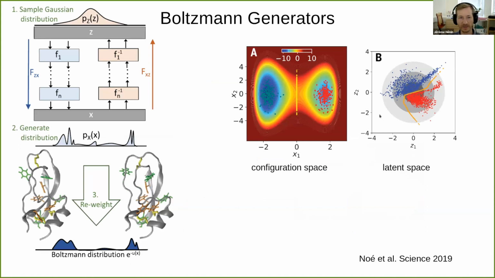The famous example that has come to light and been applied immediately to biological molecules is the Boltzmann generators, of course, which maybe started the whole show, although we were kind of working on this already at the time, so it was big news to us when this came out.